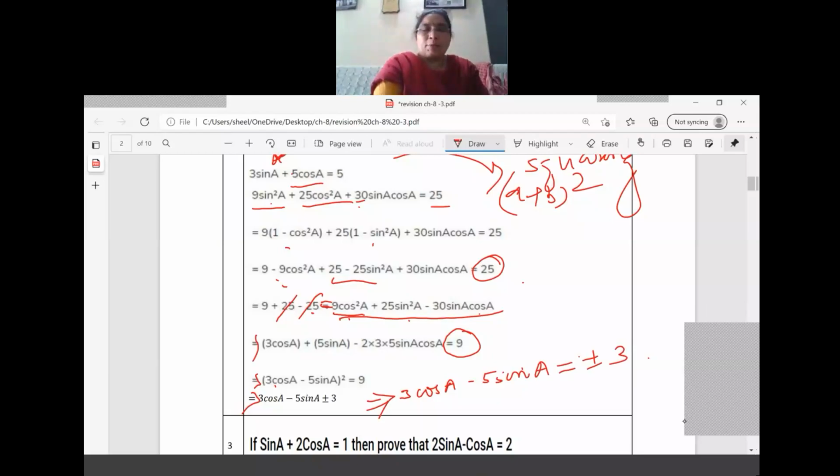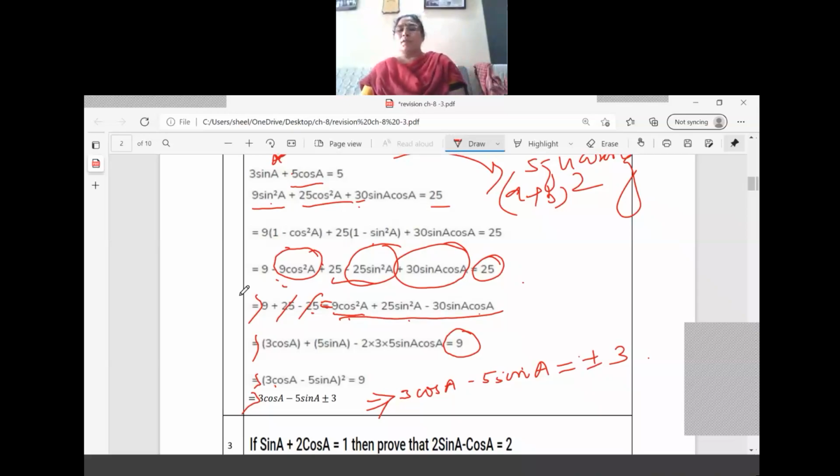So once again I'll repeat, as there is some error here. 9 minus 9 cos square a plus 25 minus 25 sin square a plus 30 sin a cos a. We bring the 25 over, giving minus 9 cos square a minus 25 sin square a, and 30 sin a cos a we take to the right hand side, right?